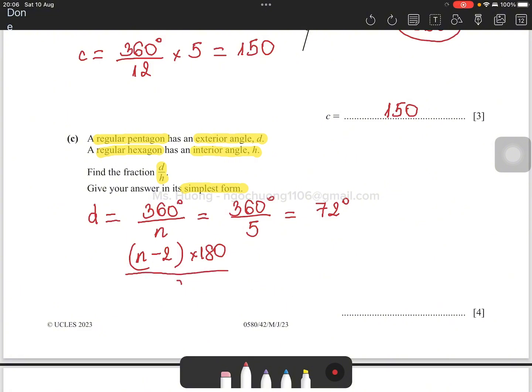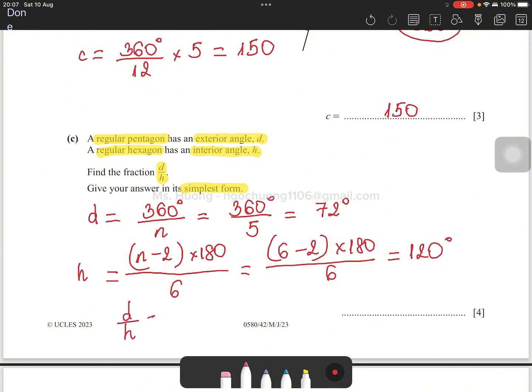Then we divide it by 6 to find the value of one interior angle, and that is the value of H. n is 6 because there are 6 sides in a hexagon. Multiply by 180, then divide by 6, and this is 120. Then D over H is 72 over 120, and this can be simplified to 3/5. So the answer is 3/5.